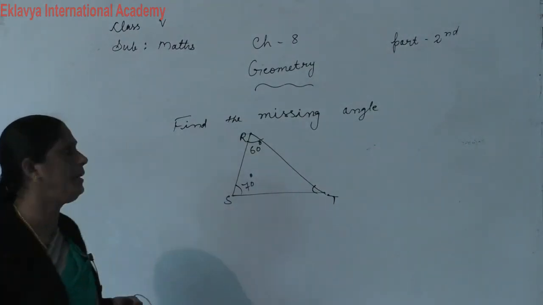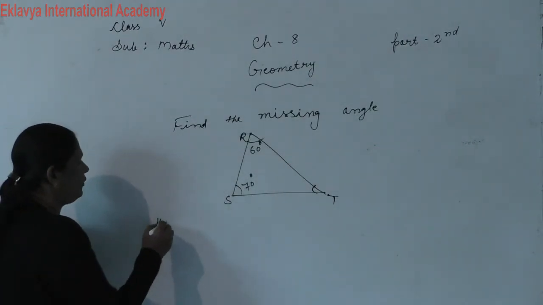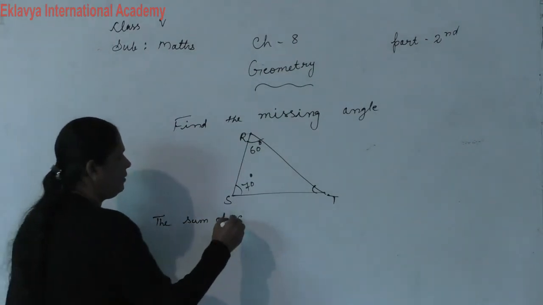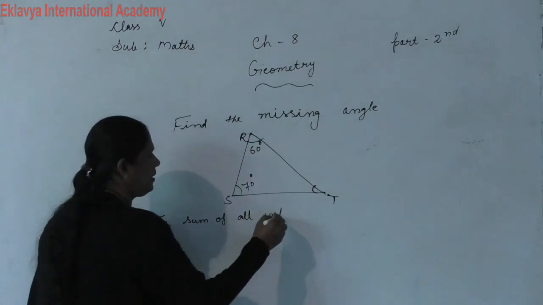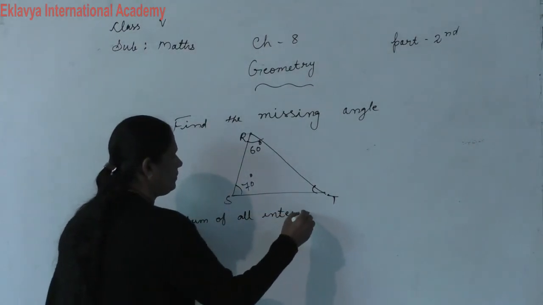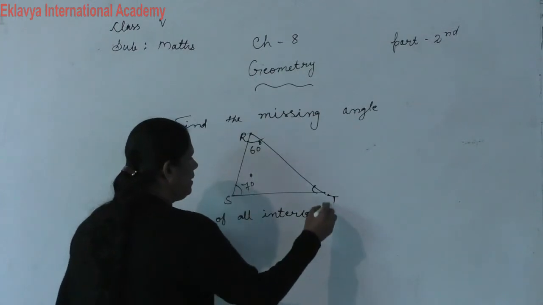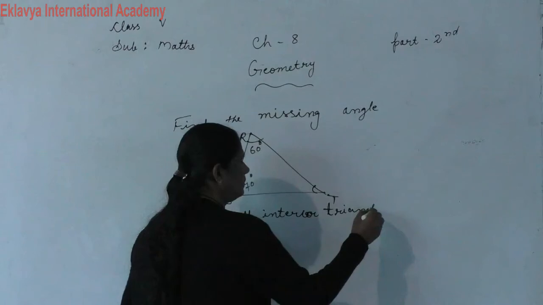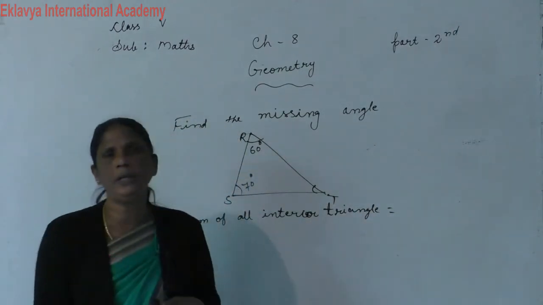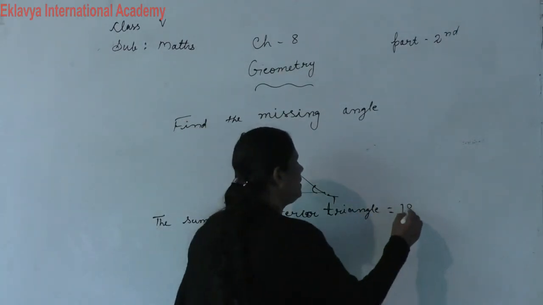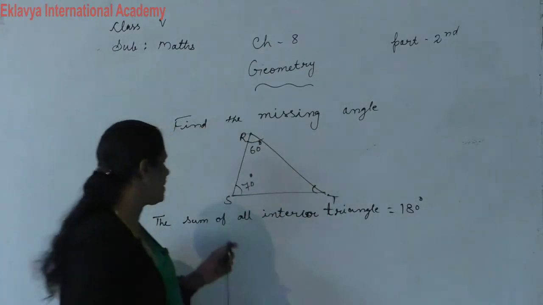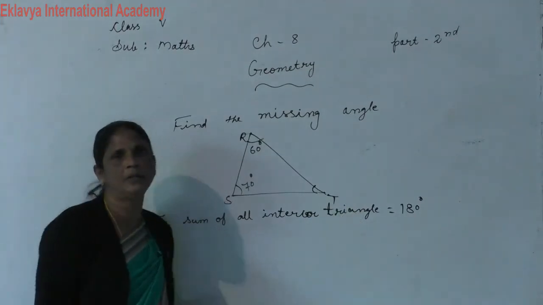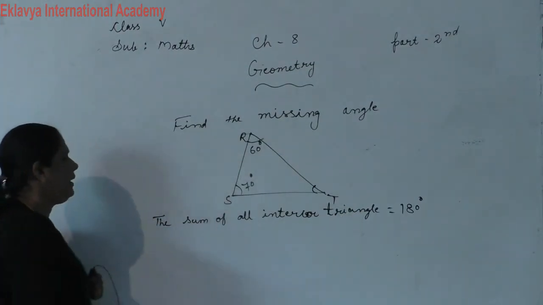Then again you write the sum of all interior angles of a triangle is equal to how many degrees? 180 degrees.